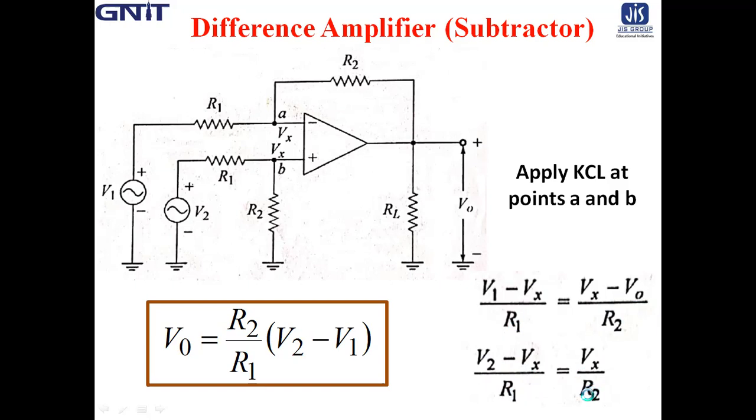Here we have assumed that the input impedance of the op amp is infinity. So this is the characteristic of an ideal op amp.